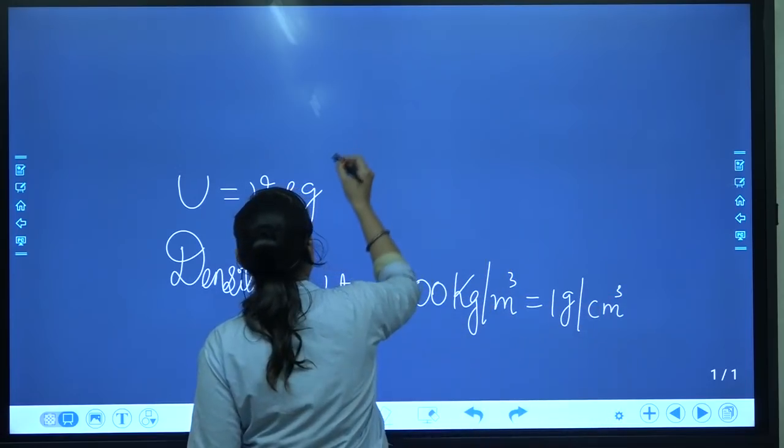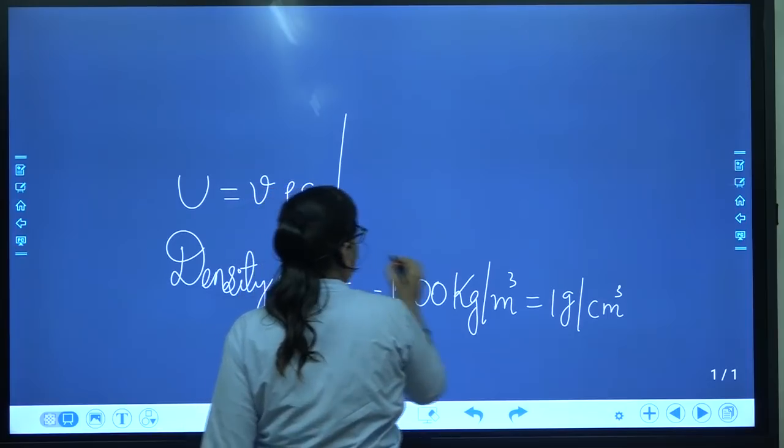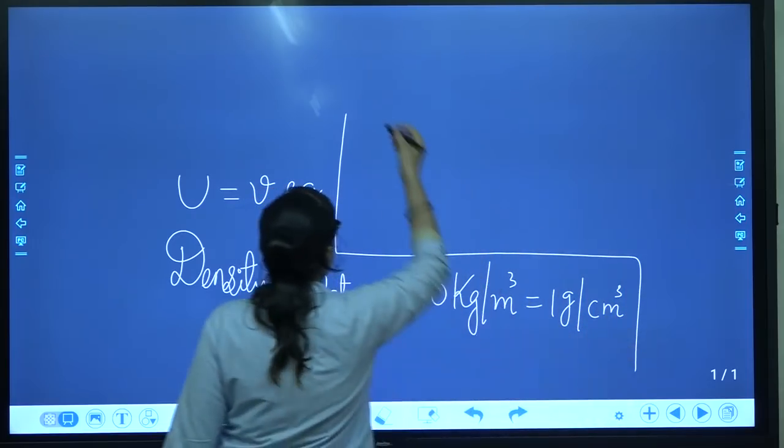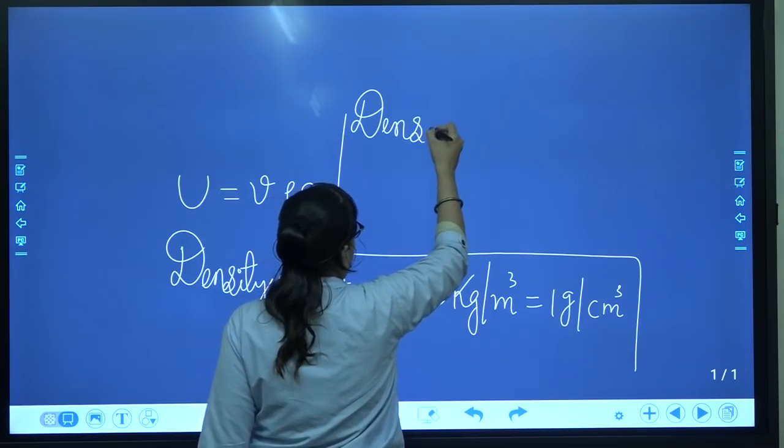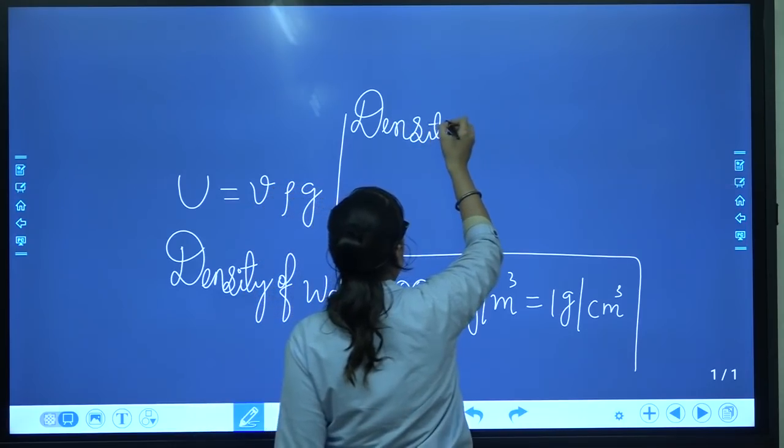Few other important formulas related to density are: density is mass upon volume.